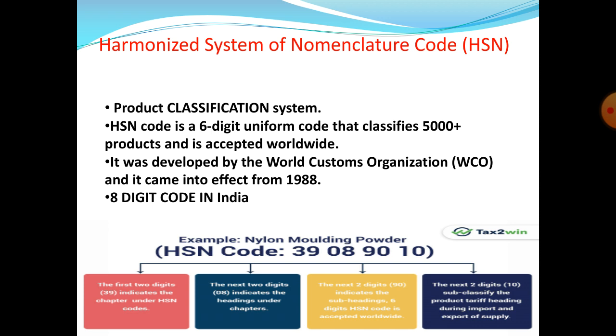HSN is used by more than 200 countries in the globe, and the main reason for HSN adoption is the uniform classification of products, as it is a base for customs tariffs, and it is also treated as an international trade statistics portfolio.